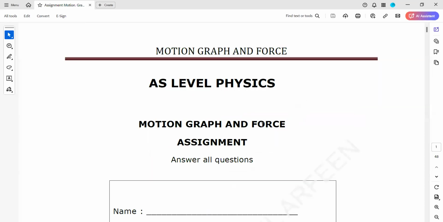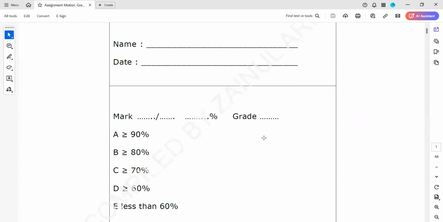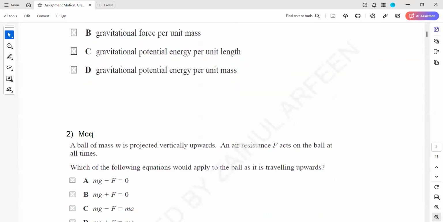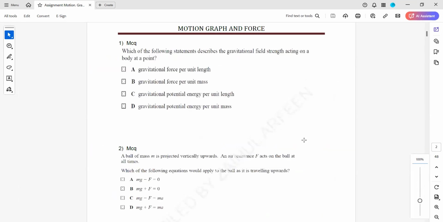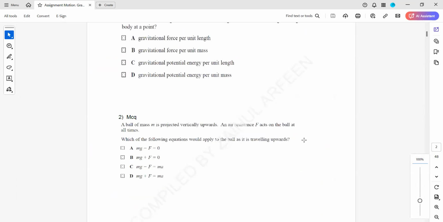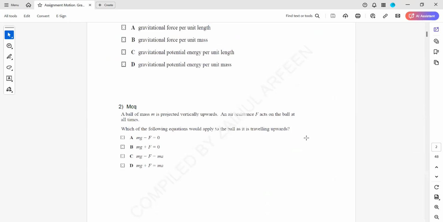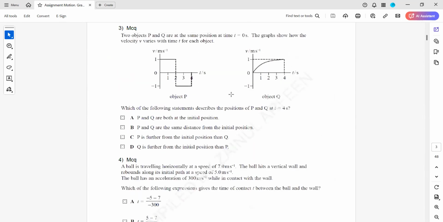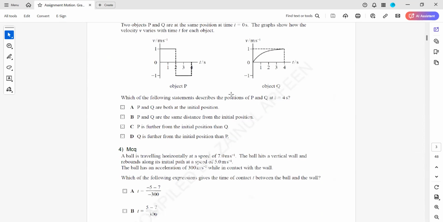This was a weekly homework, page 1 to 14, motion graphs and forces. Any doubt in question 1, 2? Page 1, any doubt? Page 2, any doubt?